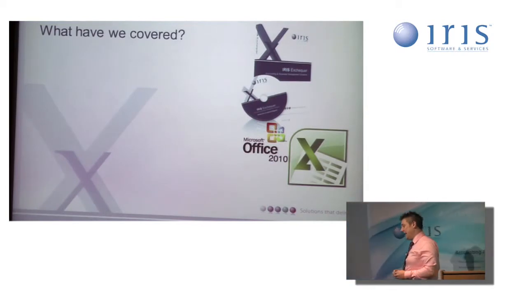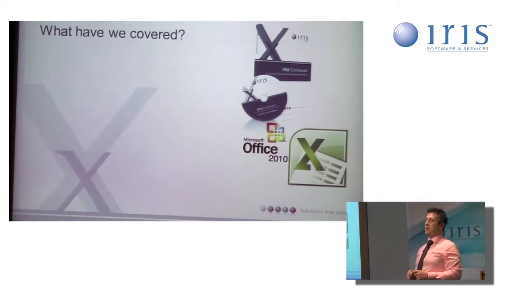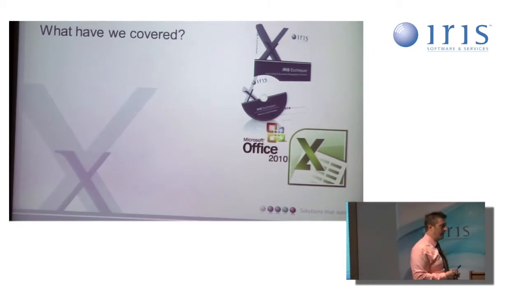So what have we covered? Well, there's one thing I haven't covered today. At the beginning of the session, I mentioned to you that we can get up to the minute posted financial information. Well, I'm now going to tell you that that's not entirely true.